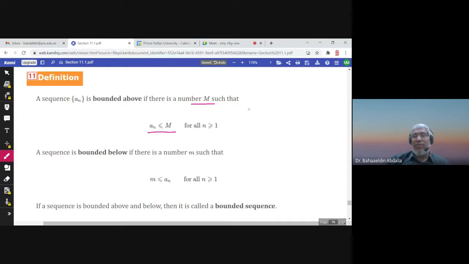So for example, the sequence 1 over n, which is 1, 1 half, 1 over 3, and so on, is bounded above by 1, because 1 over n is less than or equal to 1. So capital M here is 1. For all n greater than or equal to 1, 1 over n, which is an, is less than or equal to 1. So this sequence is bounded above by 1.